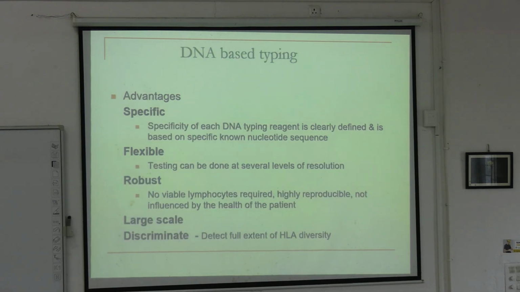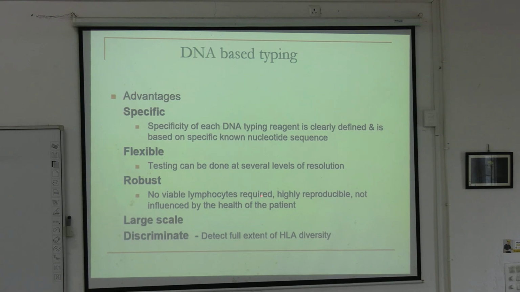So DNA based typing, what are the advantages? They are specific, that is the specificity of each DNA typing reagent is clearly defined and is based on specific known nucleotide sequence. Then they are flexible, that is testing can be done at several levels of resolution.